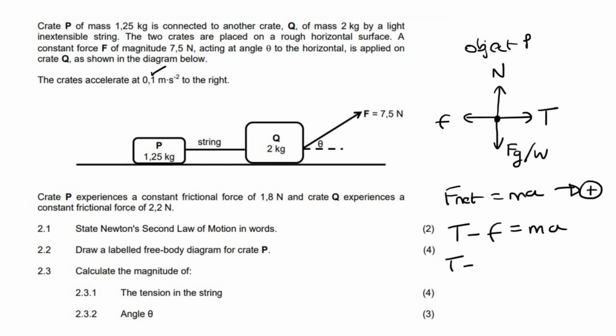So the tension we don't know, the friction force, I erased that, didn't I? They said a constant friction force of magnitude 1.8 newtons and 2.2 newtons. So 1.8 for that one. Its mass is 1.25 and its acceleration is 0.1. You see what I mean?